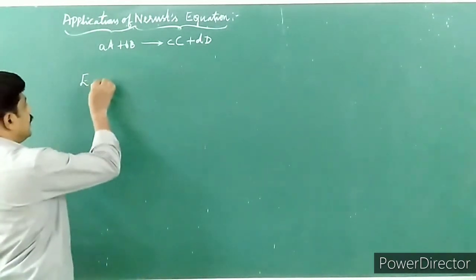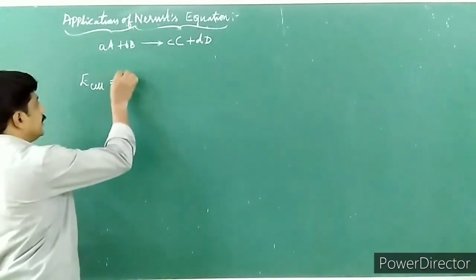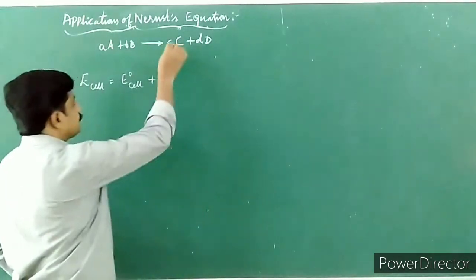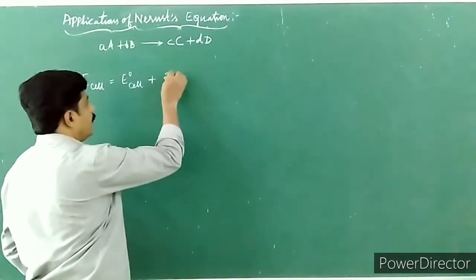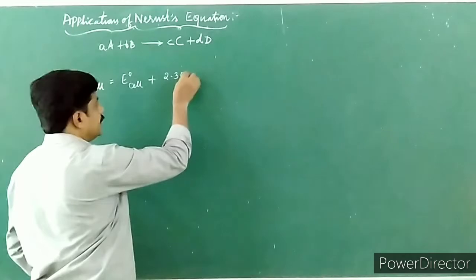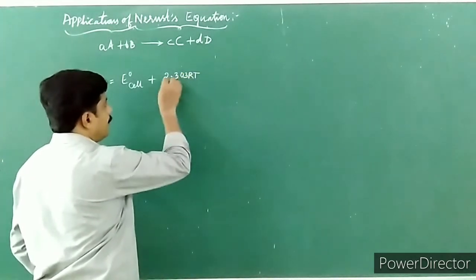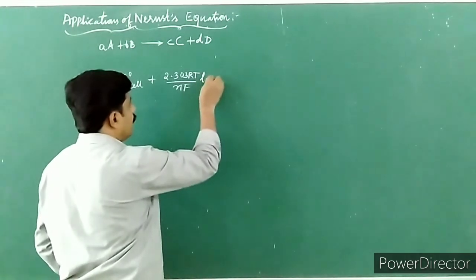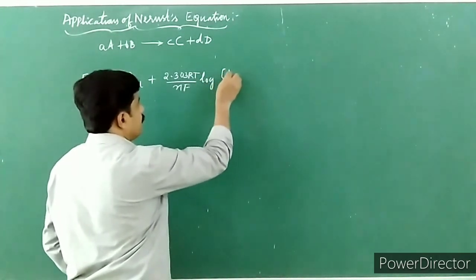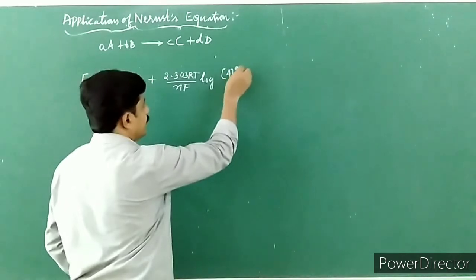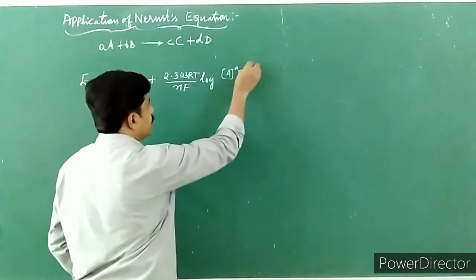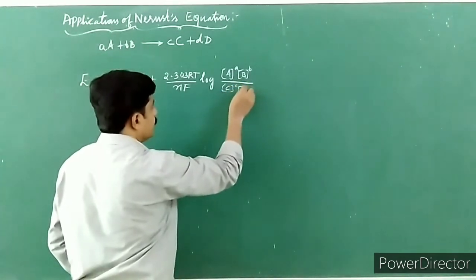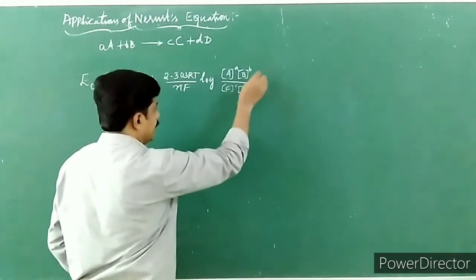E cell is equal to E naught cell plus 2.303 RT upon nF into log of concentration of A raised to a, concentration of B raised to b upon concentration of C raised to c into concentration of D raised to d.